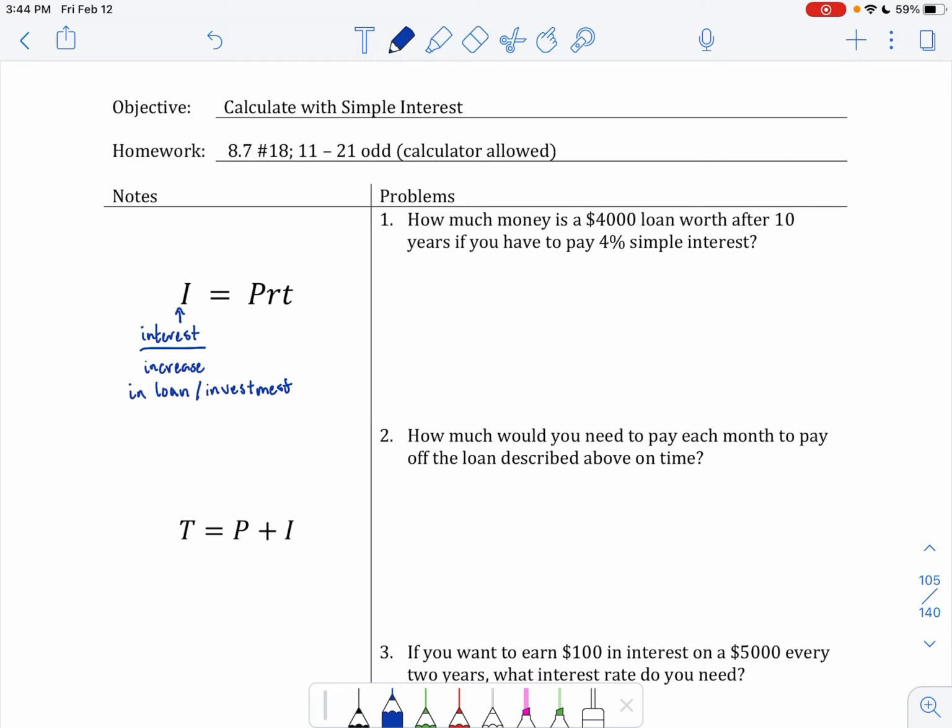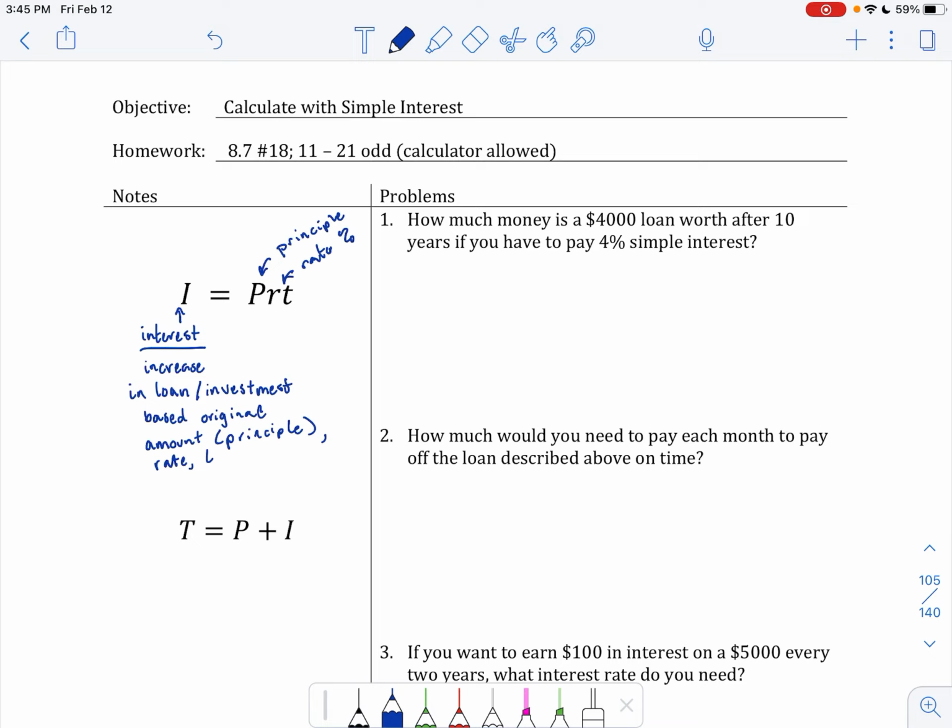And it's an increase based on, you can see these 3 variables. So that is the original amount, which is P here, and this P stands for principal, which is just the original amount of the loan. The rate, which is R, and this is just going to be a percentage.